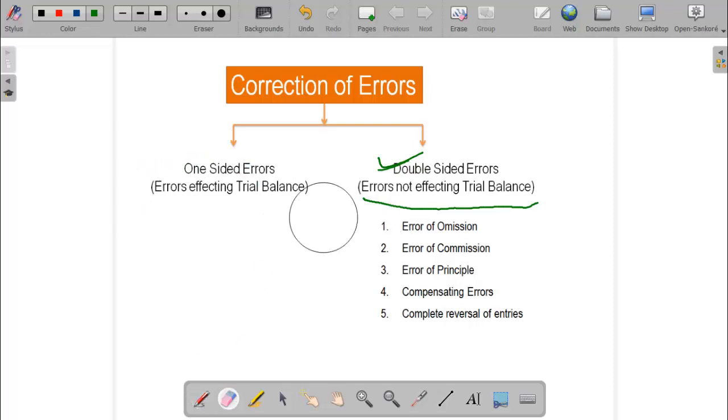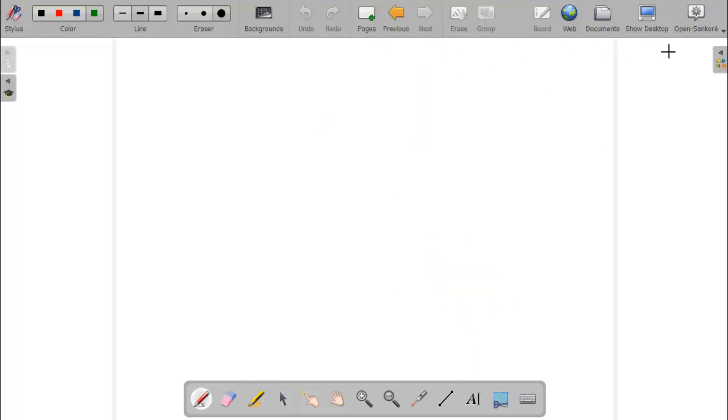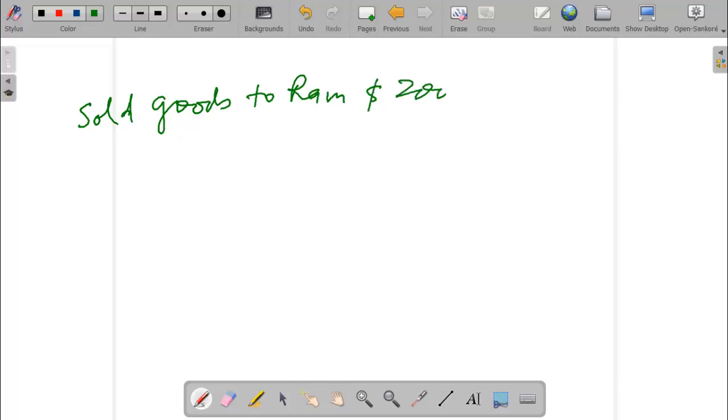So now first I will explain one-sided error. I will take one example, and with that example I will explain what a one-sided error is. Suppose we sold goods to Ram, dollar 2000. Now tell me, is this a credit sale or cash sale?